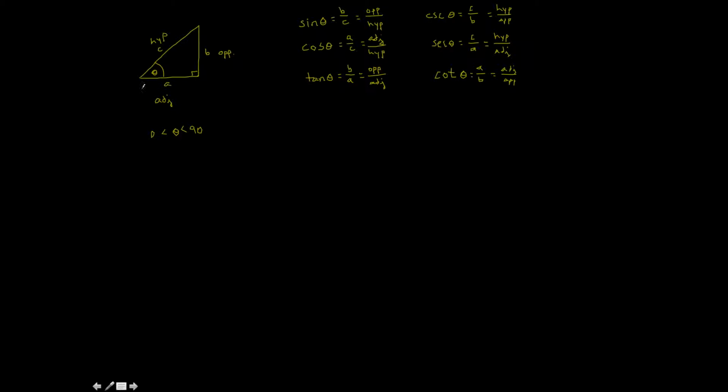Now, if we look at the triangle, well, let me go to the next page so it doesn't take so long to write it. If we look at this triangle here, well, we know that this angle here is 90 degrees. So that means these two together would have to be 90.